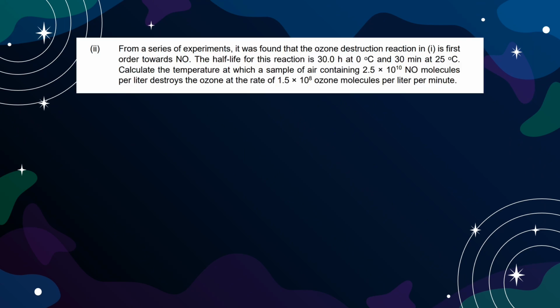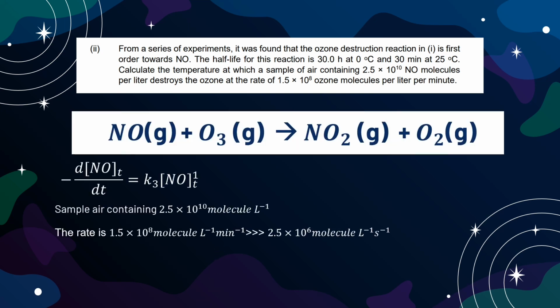Now we will look back at the equation. From this equation, we were given the concentration for the nitrogen monoxide and its rate. So, as this is a first order reaction, we will use the formula: negative the rate of nitrogen monoxide destroying the ozone equal to k3 times the concentration of nitrogen monoxide to the power of 1, because this is a first order reaction.